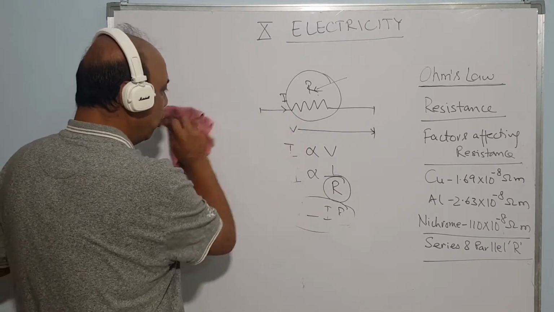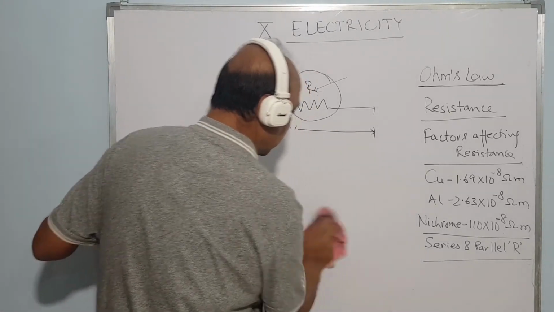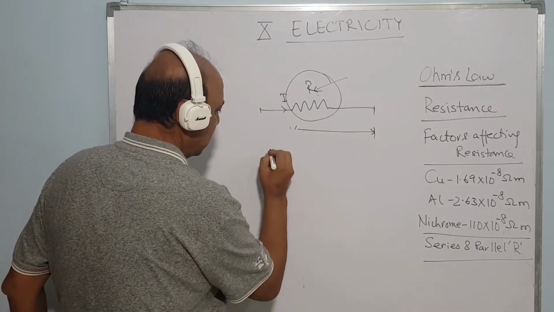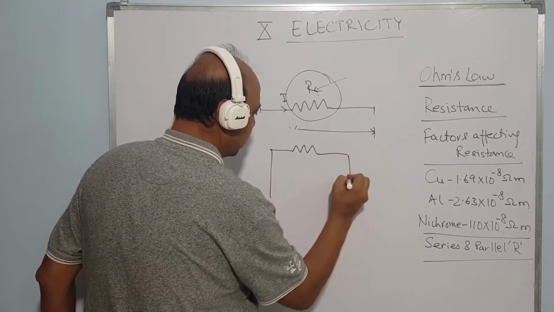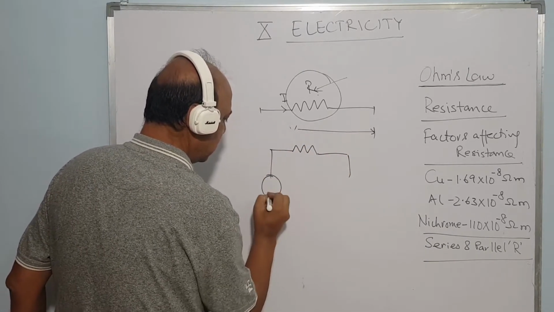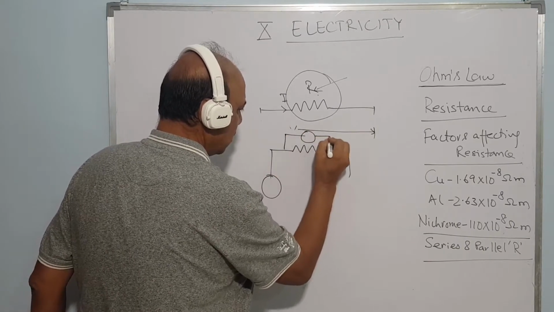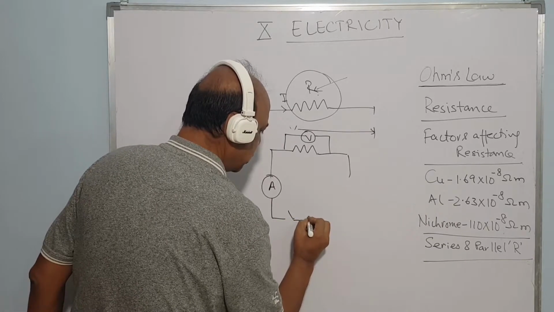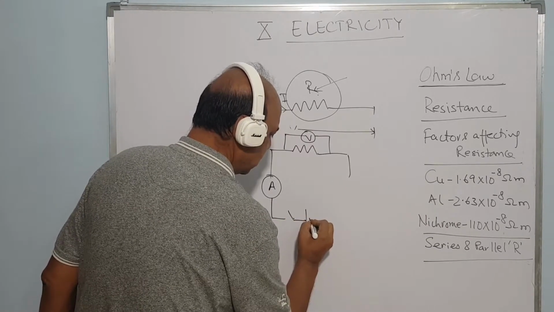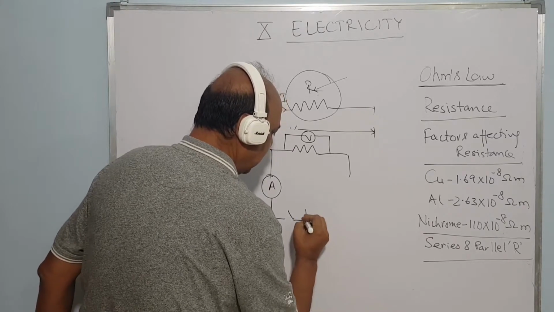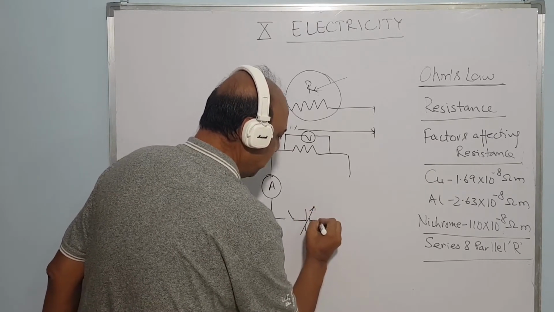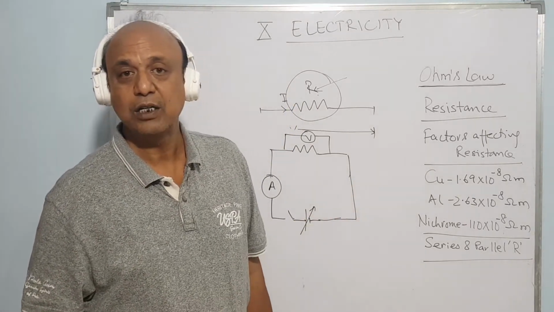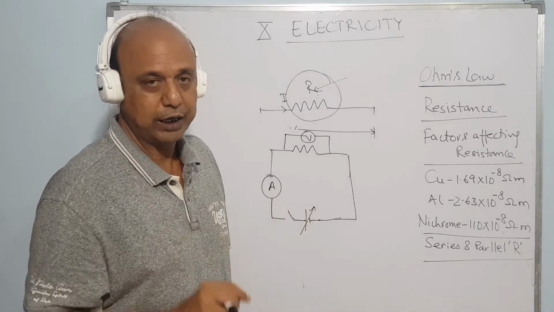Now again, coming back to Ohm's law, if we set up an experiment, we use a dimmerstat in our circuit, have a resistance. This is a voltmeter, this is an ammeter, this is a switch, this is a battery, and we use a variable potential difference source. That means we can vary the voltage.